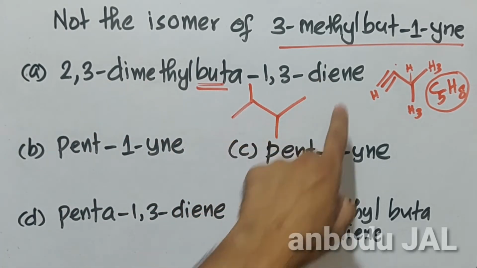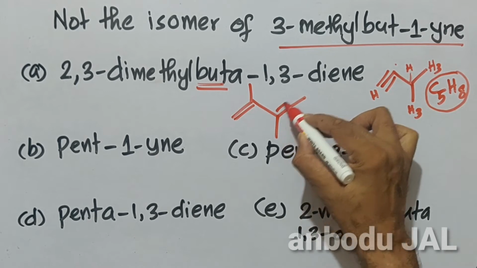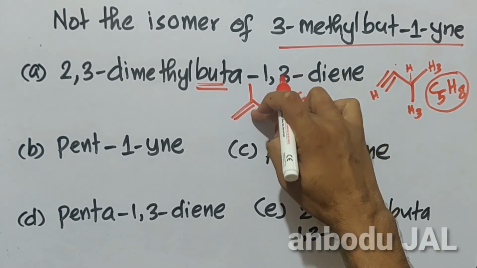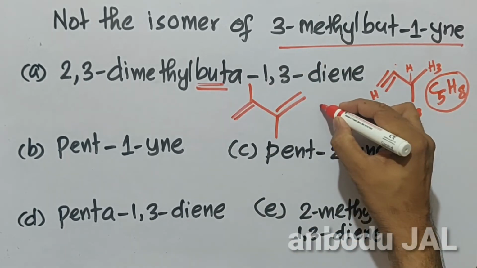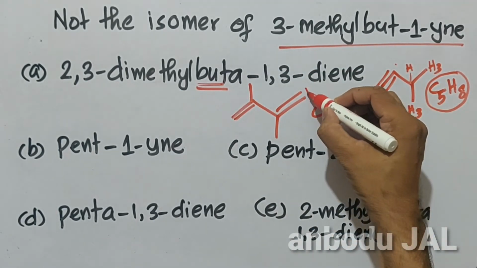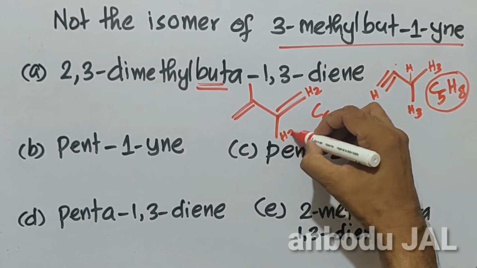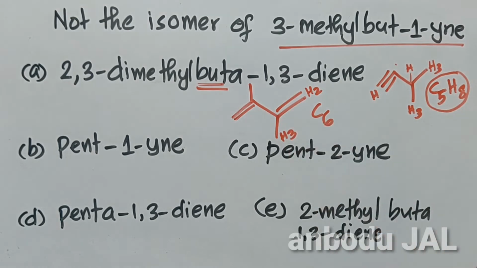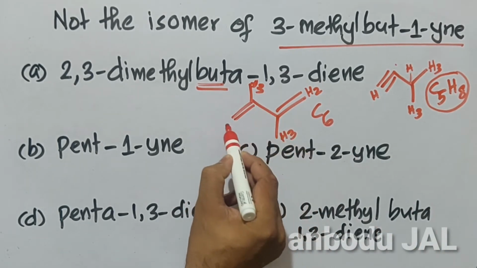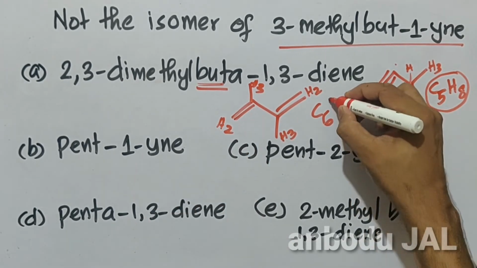Then 1,3-diene. There is a double bond on the first carbon and a double bond on the third carbon. 1, 2, 3, 4, 5, 6. C6 and hydrogen: here 2 hydrogen atoms, here 3, here none, here none, here 3, here 2.